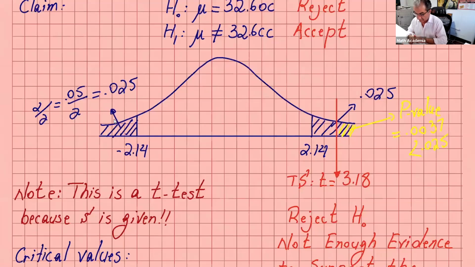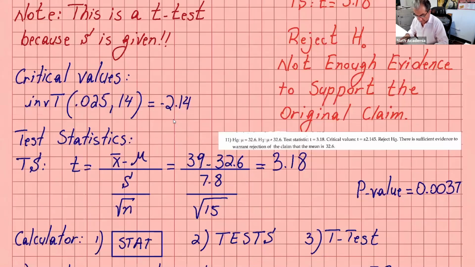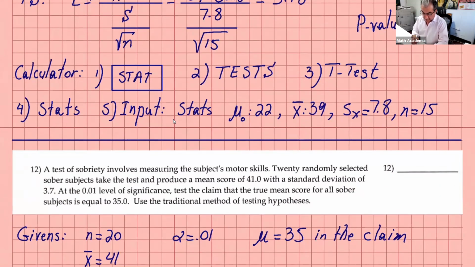All right, let's go over the next problem now. Number 12, a test for sobriety involves measuring the subject's motor skills. 20 randomly selected sober subjects take the test and produce a mean score of 41 with a standard deviation of 3.7.